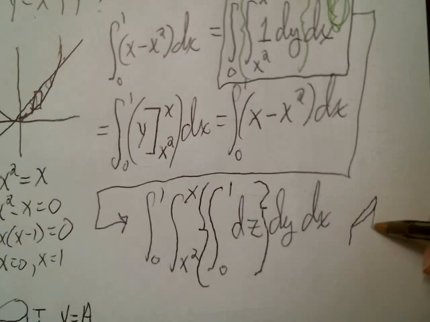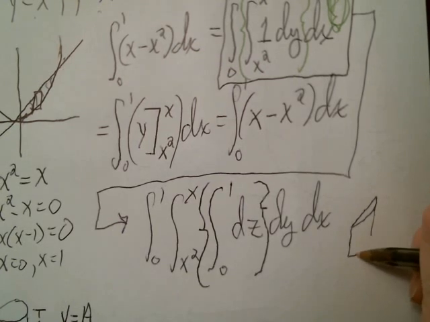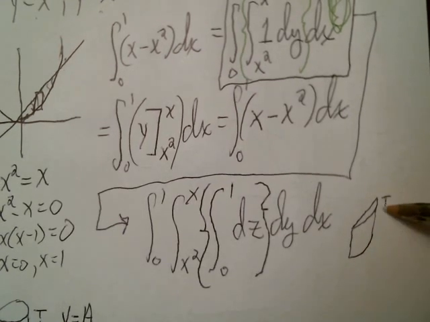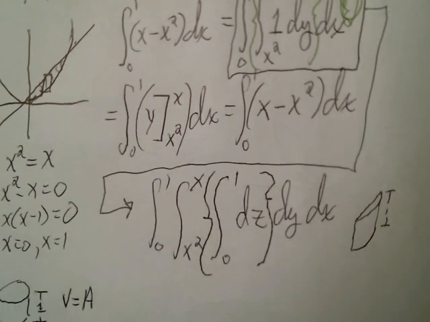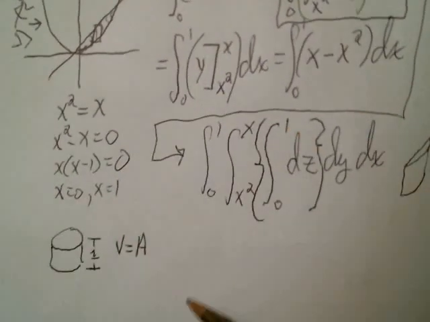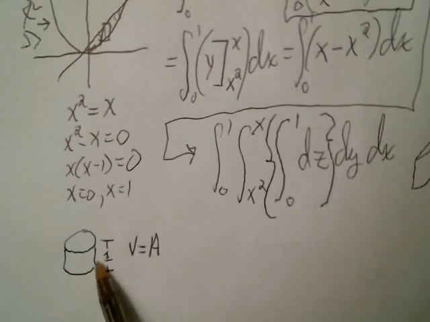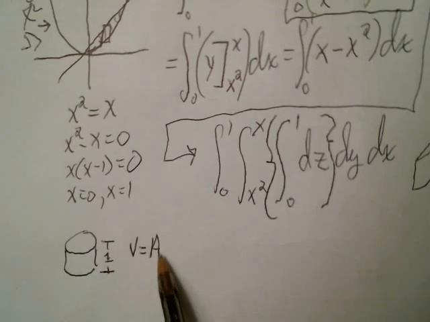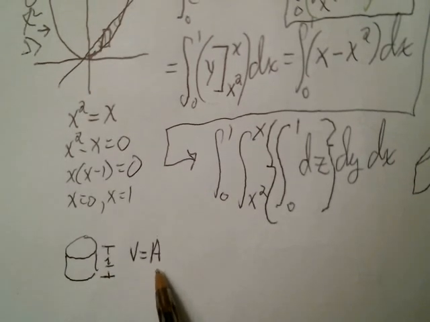So it would be this object here, but the height of it is just 1. So the volume here is equivalent to the area here. And that just goes back to this idea. The volume of a cylinder with height 1 is equal to the area of its base, right?